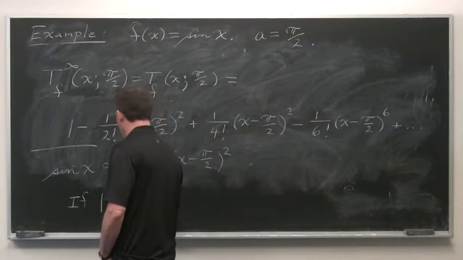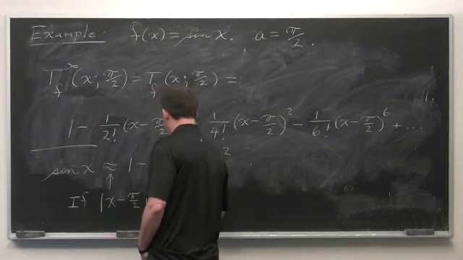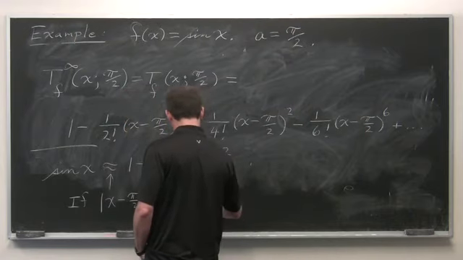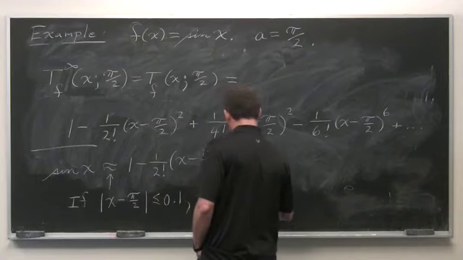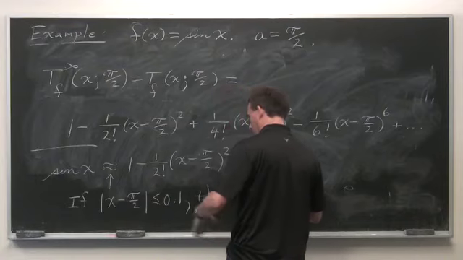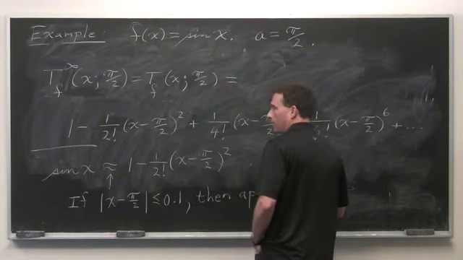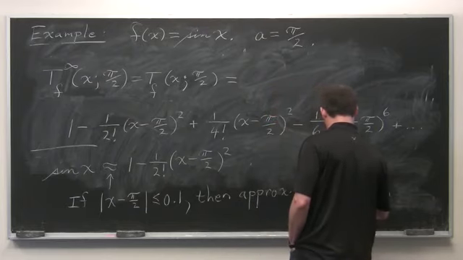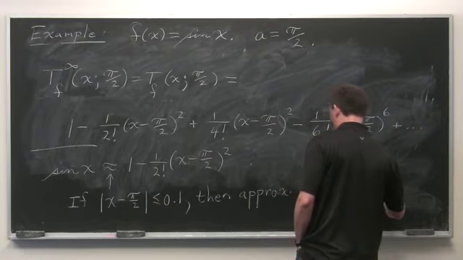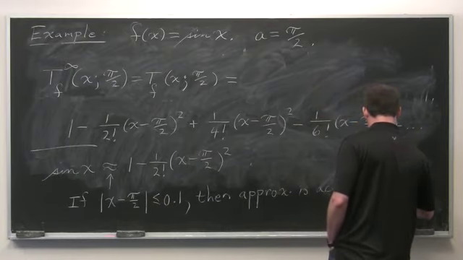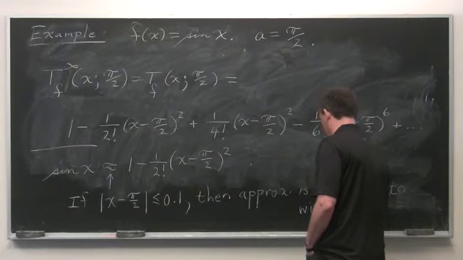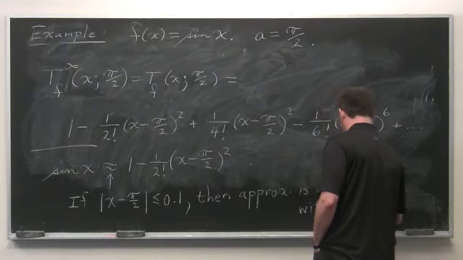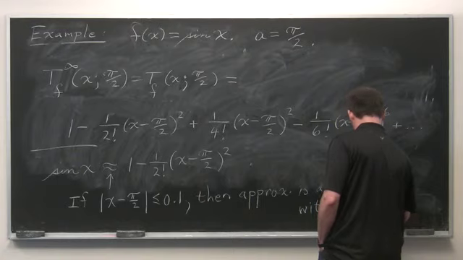If the absolute value of x minus pi over 2 is less than 1/10, then the approximation by this is accurate. Well, we only asked for 1,000th, but what we found is accurate to within 1,000th over 6.